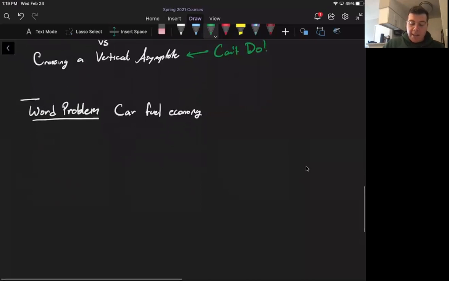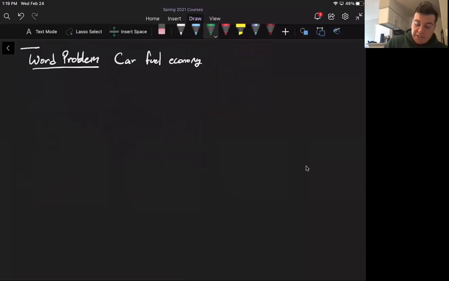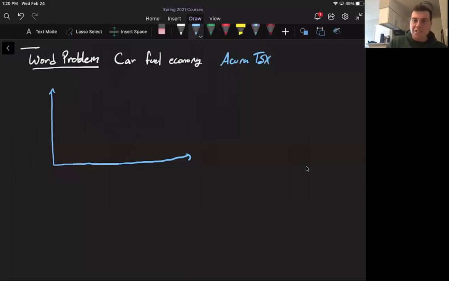So we'll start with a word problem for car fuel economy. And actually, this is just going to be more of a graph. One of the ideas behind car fuel economy is that no one actually expects to get the rated fuel economy. I drive an Acura TSX, a 2007.